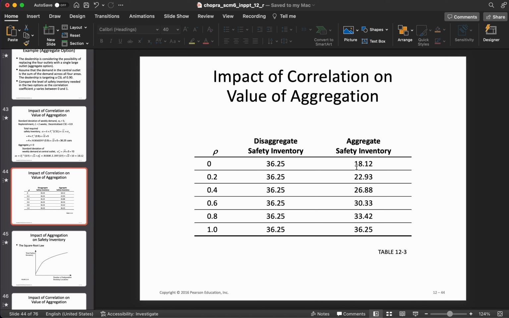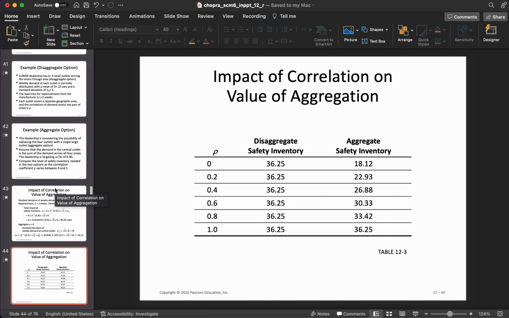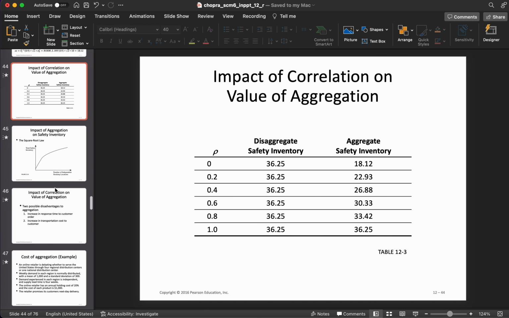So the aggregate inventory starts at 18.12, and as correlation increases, you'll notice slowly that the aggregate safety inventory increases, and when demand is perfectly correlated, aggregating is the same as disaggregating, and you'll end up with the exact same safety inventory, right? That's the impact of the correlation coefficient on aggregation. So that's one thing to keep in mind.